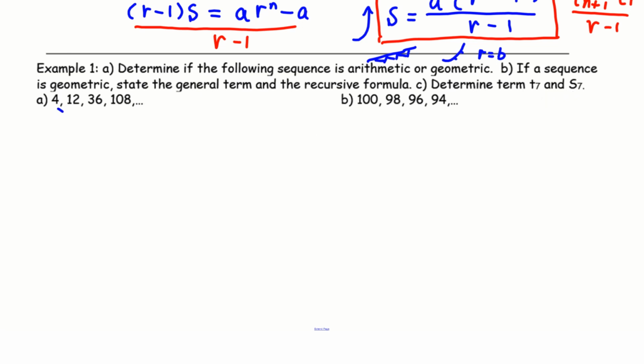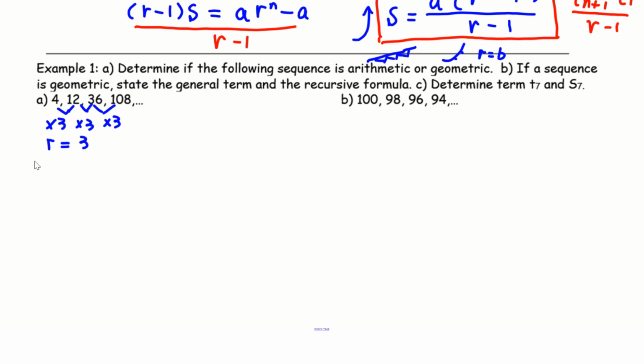So this one we are going to see. It looks like it keeps multiplying the same number. So this is a geometric sequence. So the common ratio, or you could call the base, is 3.